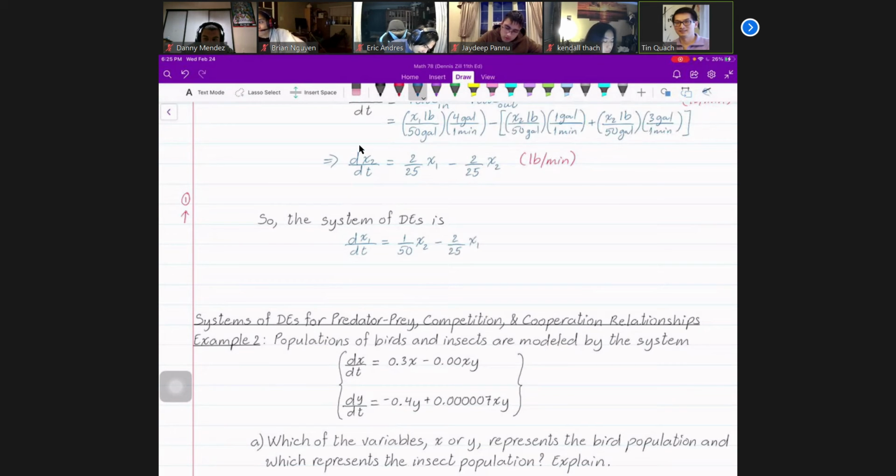Okay, and then dx sub 2 over dt is 2 over 25 x sub 1, I'm sorry, minus 2 over 25 x sub 2. Okay, so that is the system.